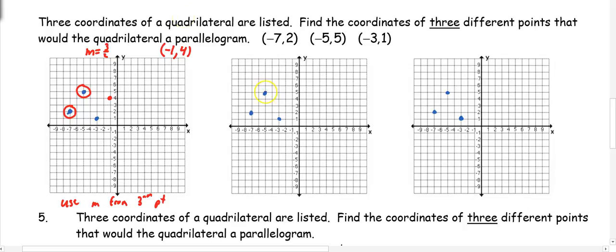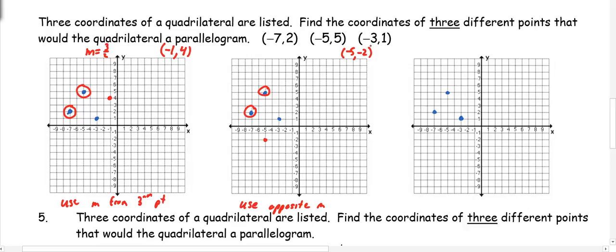Then in the second picture, we're going to use the opposite slope. So instead of going up 3 and right 2, we're going to go down 3 and right 2. So that point would be -5, -2.